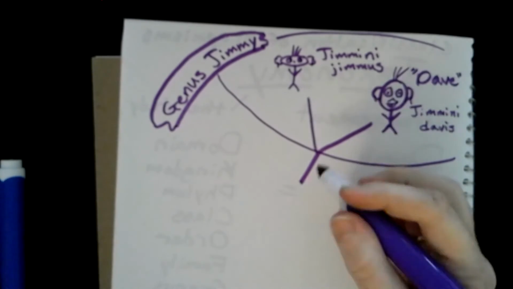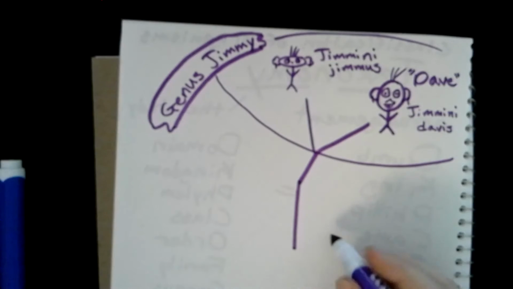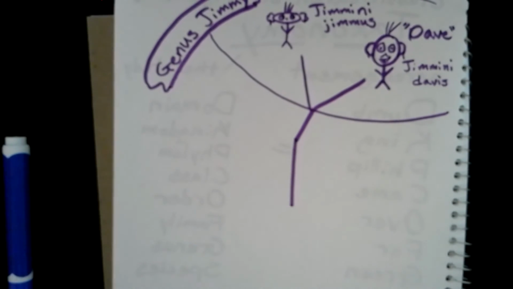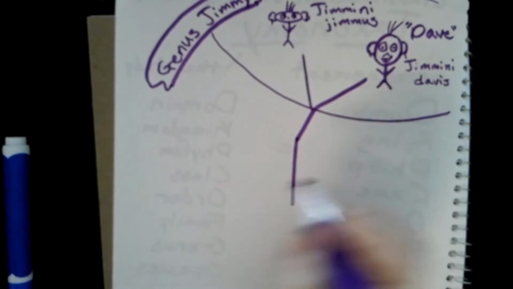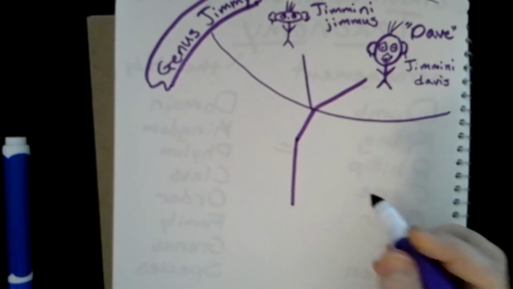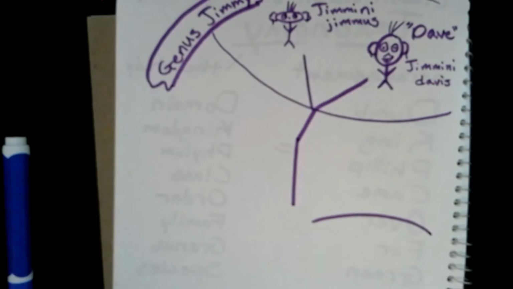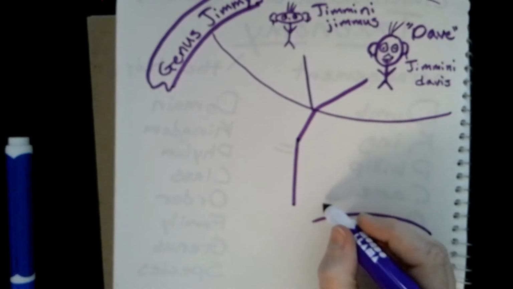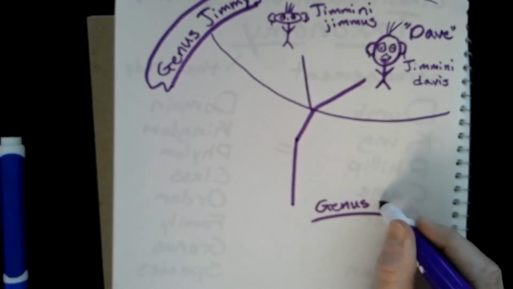Going down the family tree, we are going to go with another Jimmy. They have kind of similar traits, but they're not compatible at this point. Let's see, where can I put this genus name? I'll put it here. Yay! We are going with genus Beastie.